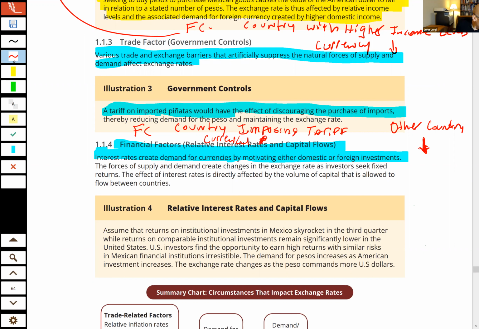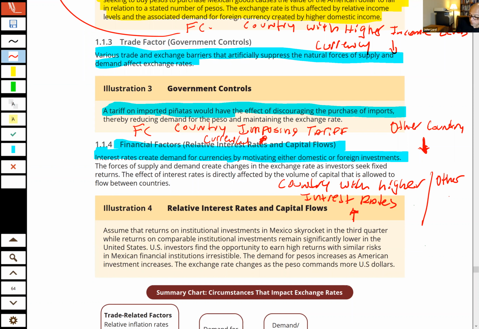So the country with higher interest rates, their currency will be going up because there's more demand for their currency to be able to take advantage of those better interest rates.